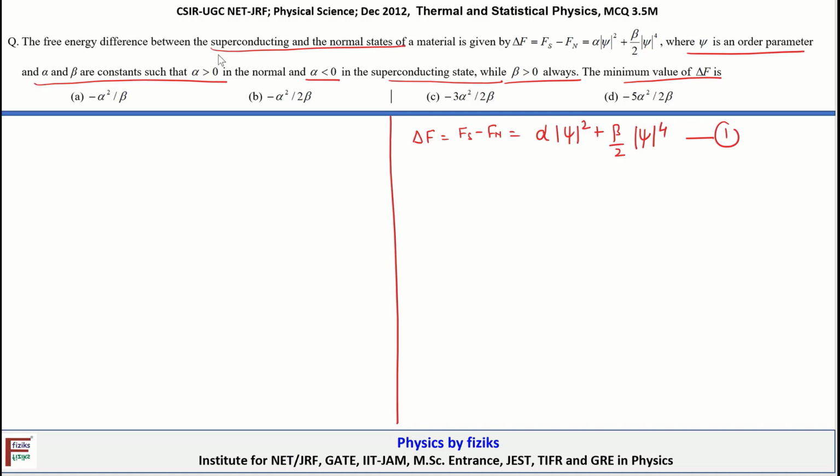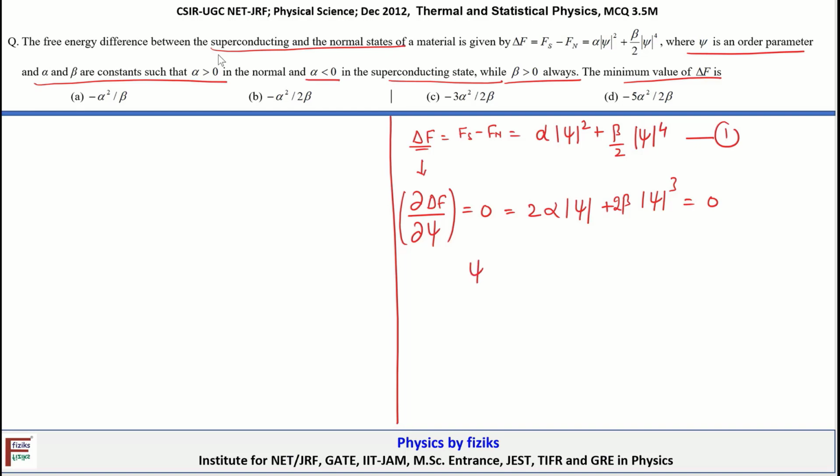Okay, so here for the system to be stable, we will follow the rule of energy minimization. So that means when the free energy is to be minimum, the differential of delta F with respect to the order parameter psi should vanish. So this implies 2 alpha psi plus, while differentiating with respect to psi, we will have 4 beta by 2, so that is equal to 2 beta psi cube, and that should be equal to 0.